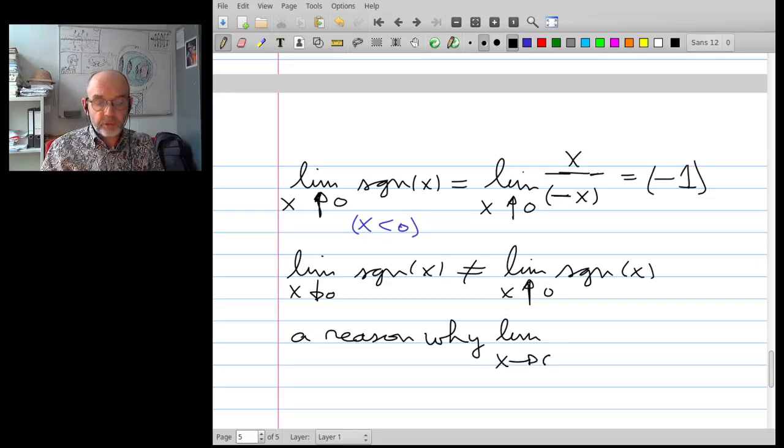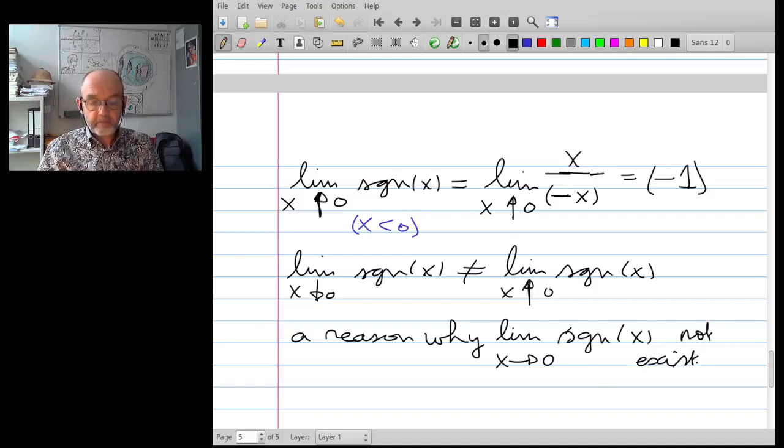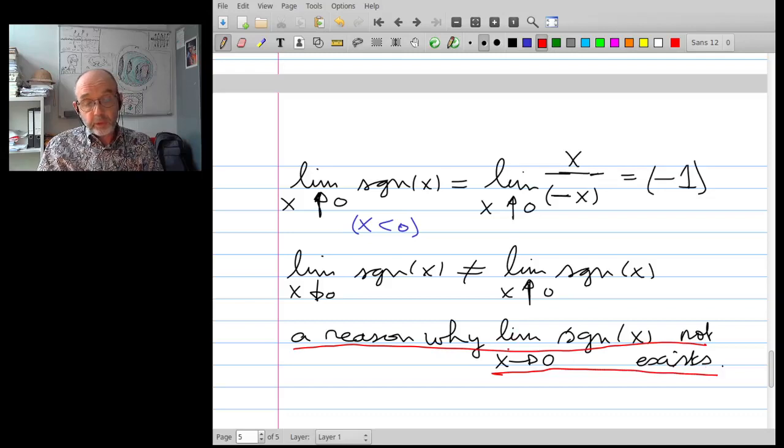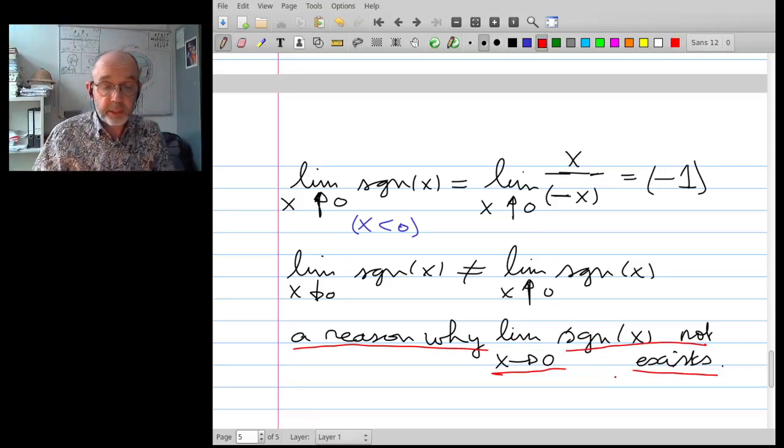If x goes to 0 of that function, it is not told to you how to go to that point. So you go to 0 in some different ways, and you get different values out of it, so the limit does not exist.